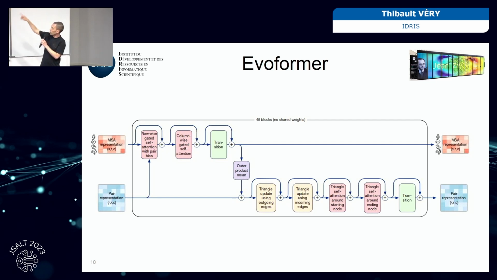And you also get some information about the 3D space with what they call triangle update. You have some self-attention on the pairs of amino acids, but triangle because they use three amino acids and try to triangulate them. You have more information about the 3D space with that.